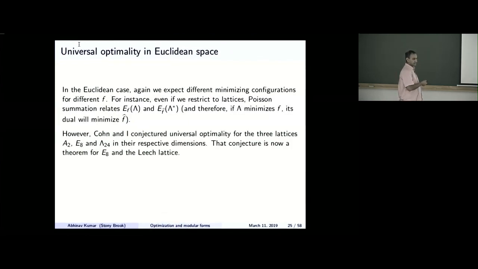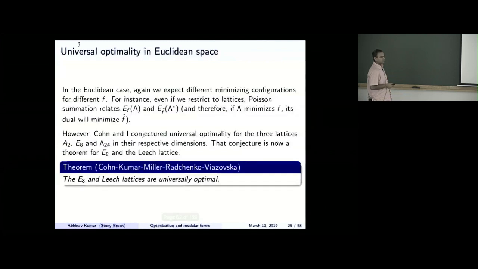But we conjectured that these three lattices, the hexagonal lattice in 2 dimensions, the E8 lattice, and the 24-dimensional Leech lattice, are universally optimal. And now for two of those cases, the supposedly harder ones, we can actually show that. The two-dimensional case we cannot show, which is kind of appalling, but it's more complicated for various reasons that I can explain later; that case is actually harder than the E8 and Leech cases.